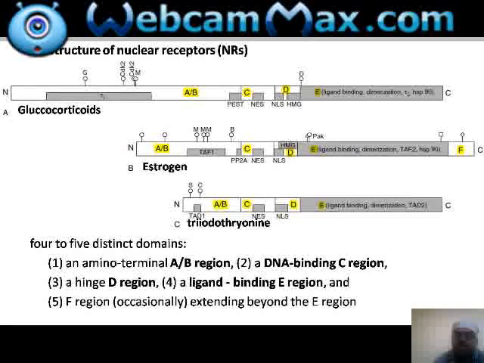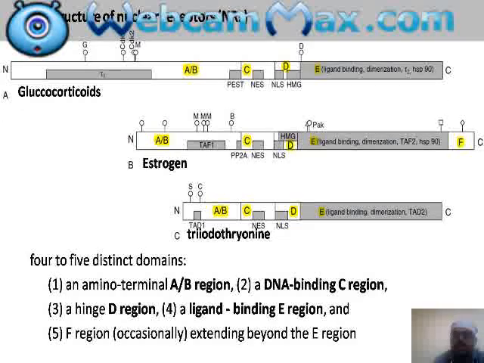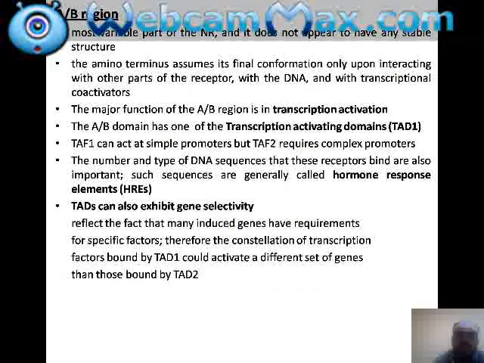So when we talk about the domains, let us see what the AB domain indicates. The AB domain is the amino terminal domain, and it is the most variable part of the nuclear receptor. It doesn't appear to have a stable structure until it binds to the DNA.